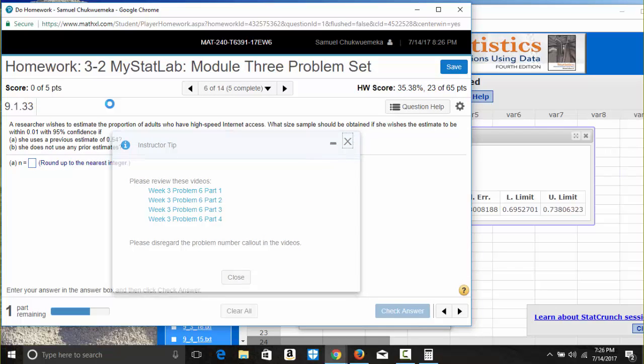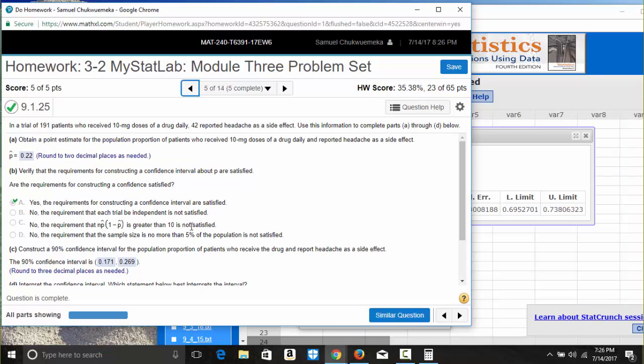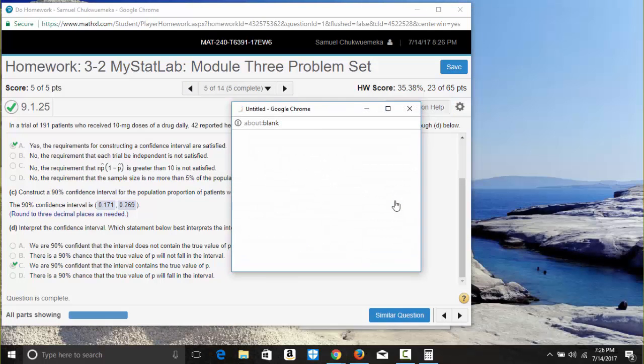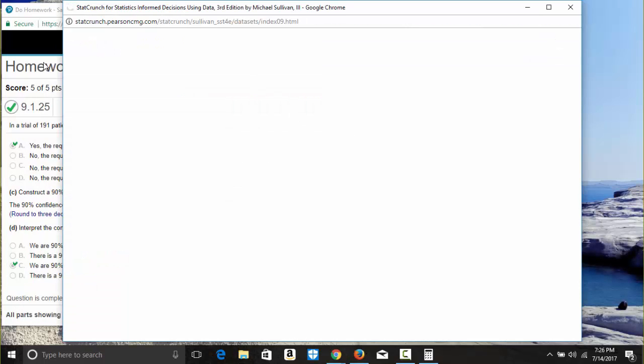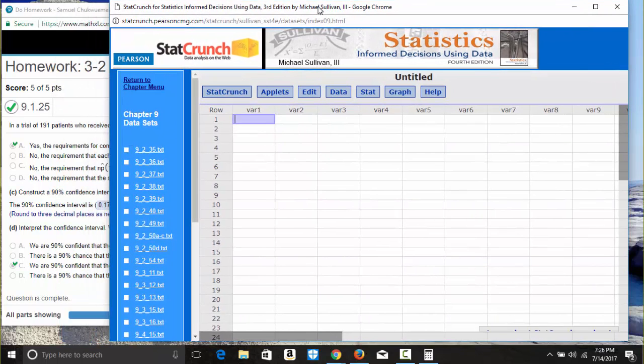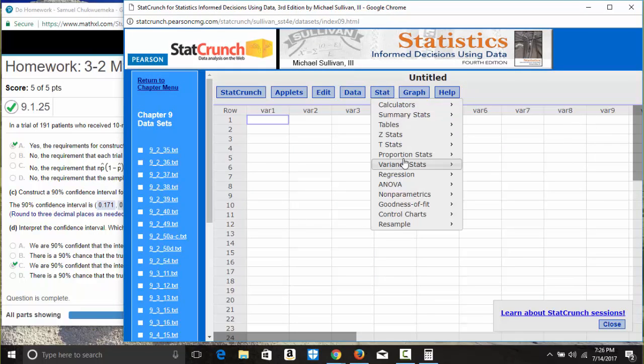Before we go to question 6, let me show you guys. We can do this with StatCrunch. So in StatCrunch, as usual, you go to Stat, Proportion Stats, One Sample, With Summary.